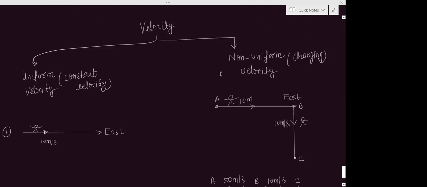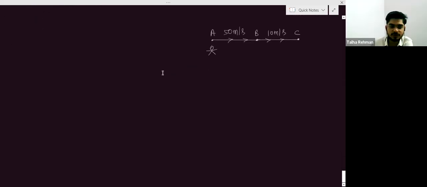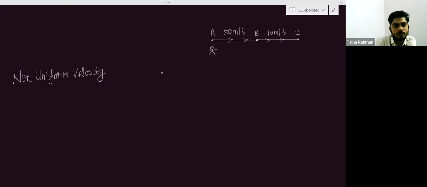Now there is one more discussion on non-uniform velocity. We know that non-uniform velocity means the velocity is changing with time.